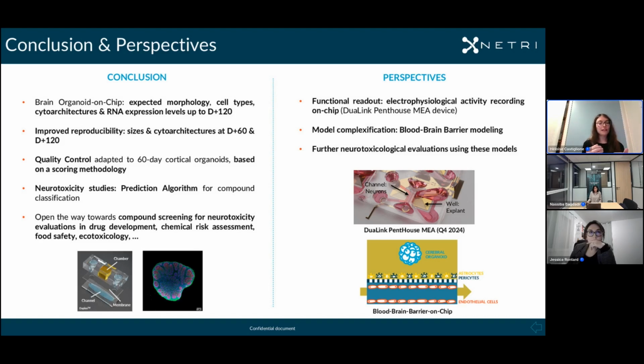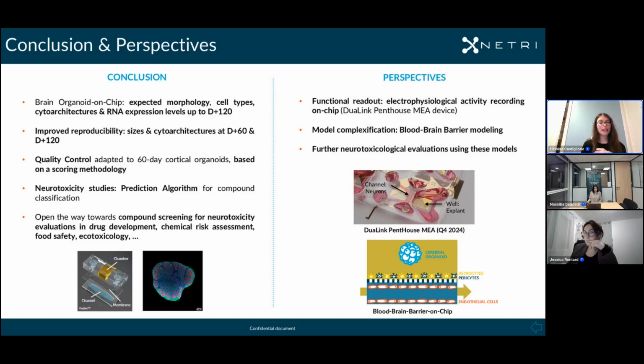And we have applied the brain organoid-on-chip model for neurotoxicity studies, along with the development of a prediction algorithm to help compound classification. And so together, the brain organoid-on-chip model used for neurotoxicity studies associated with the prediction algorithm opened the way for compound screening for neurotoxicity evaluations in fields such as drug development, chemical risk assessment, food safety, ecotoxicology, etc.